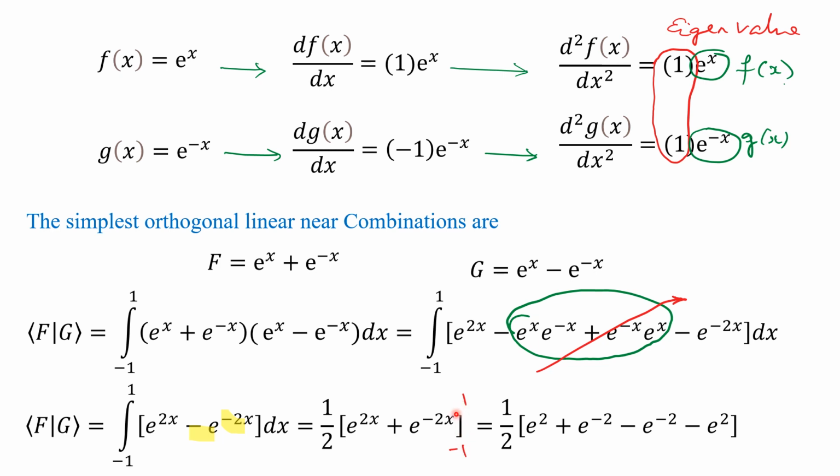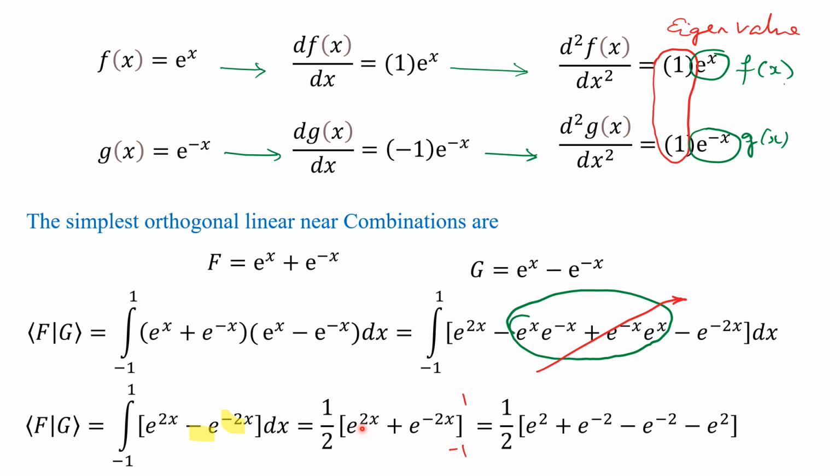If you apply the upper limit, which is 1 in both cases, you get e squared plus e power minus 2. If you apply the lower limit, that is minus 1, this is minus e power minus 2, and this is also e power minus of minus 2, which becomes plus 2. So minus e power minus 2 plus e power plus 2.